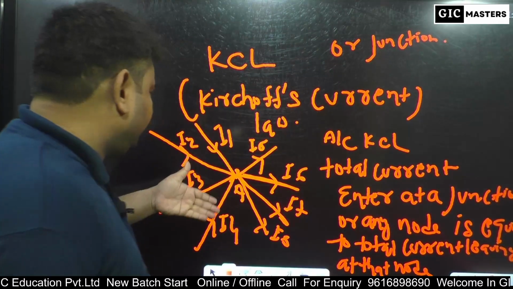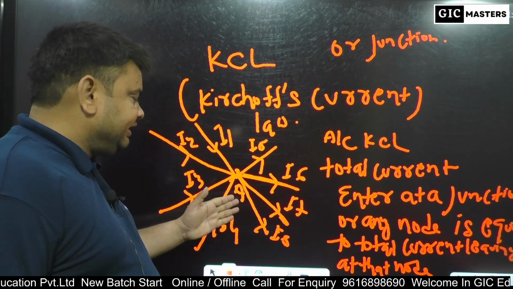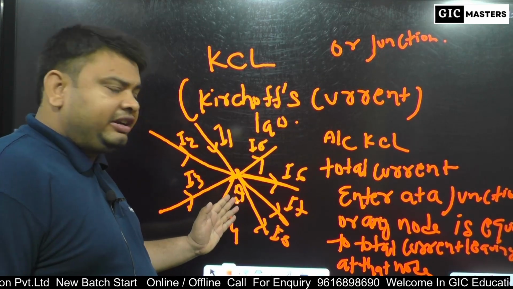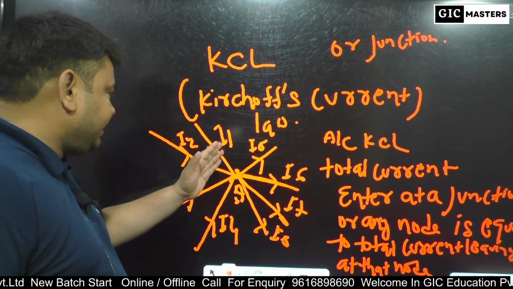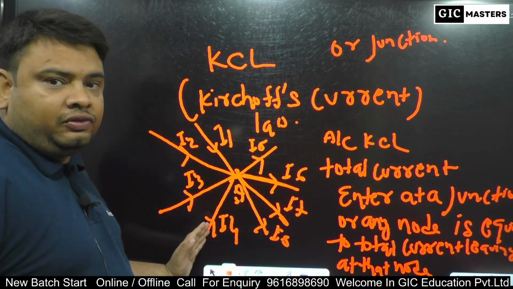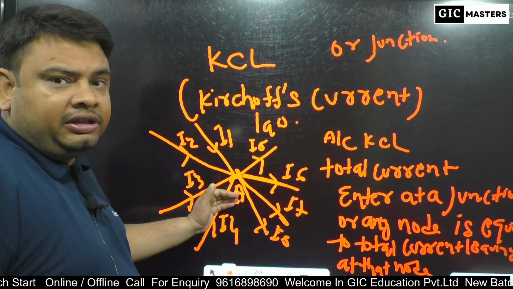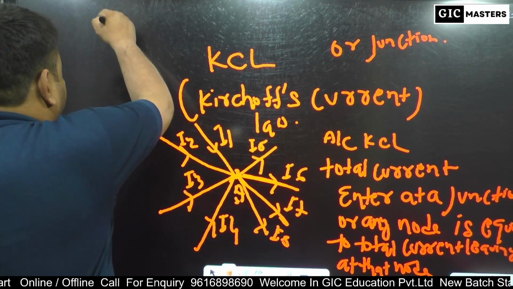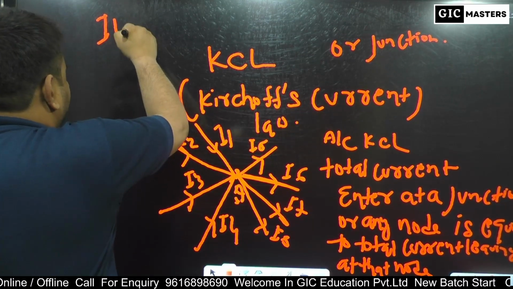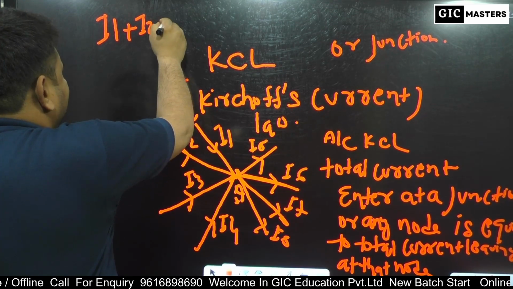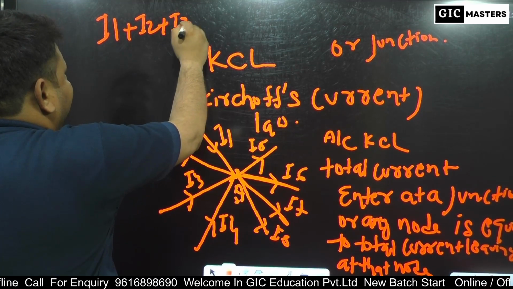Here 4 currents enter at a junction or at a node, I1, I2, I3 and I4 are the 4 currents that enter at node A. So I1 plus I2 plus I3 plus I4.